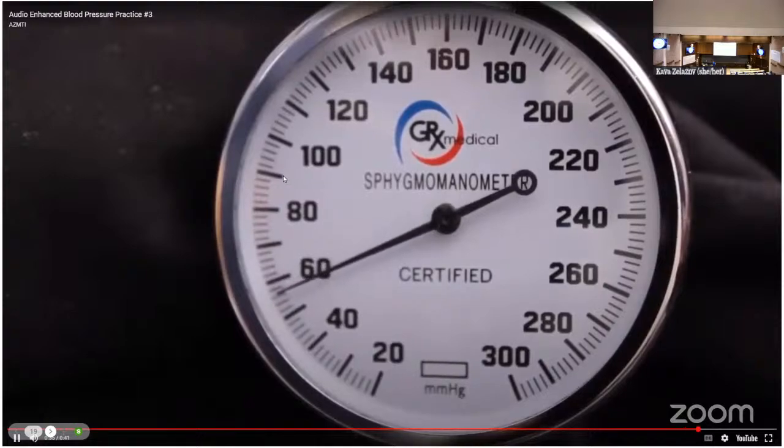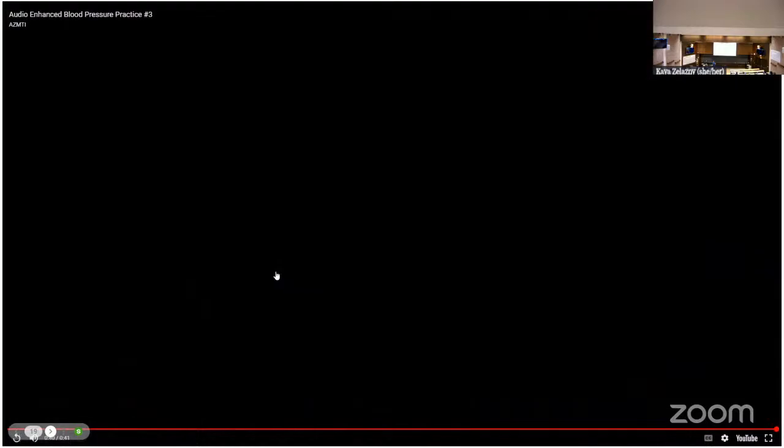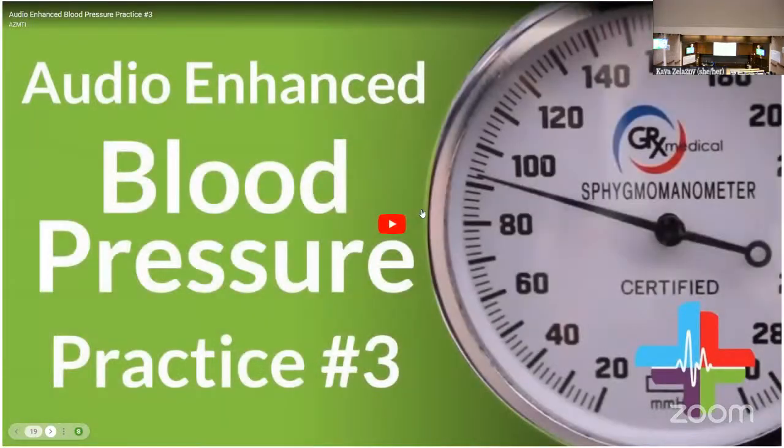So that's why the 92 fit the best. And then it's right as we get to this 60 or 62 mark that we have that sound disappearing.